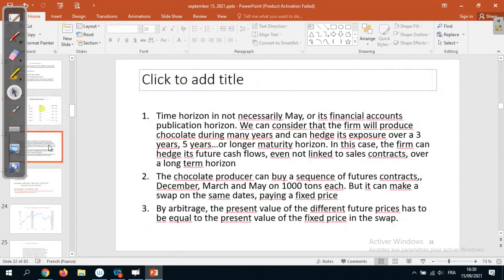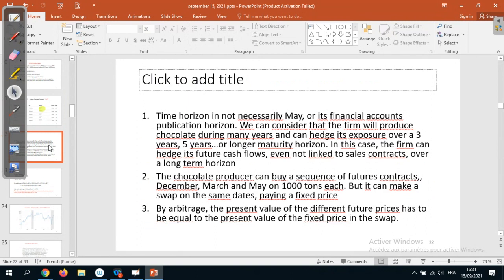Okay, so sorry, I answer on my slide on every question. Time horizon is not necessarily May. People who say May were okay, who say longer than May were also okay. It's not necessarily May or its financial accounts publication horizon.